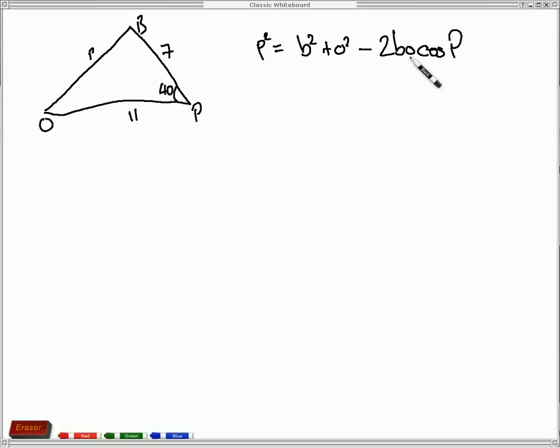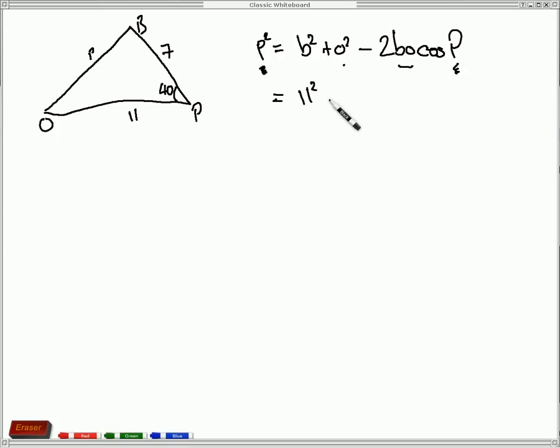Remember, this is a letter O, not a 0. Remember, right back at the beginning I said just make sure that the letter at the front is the same as that letter at the end, and these two match up with those two. We're done. Put in the values I know.